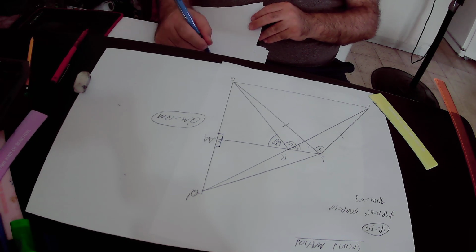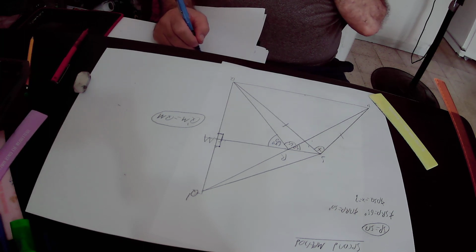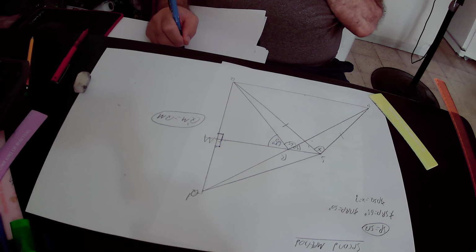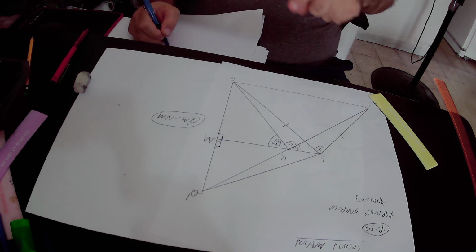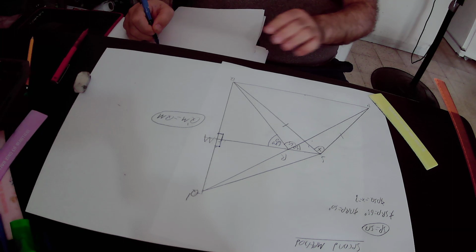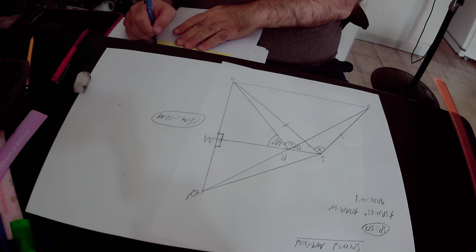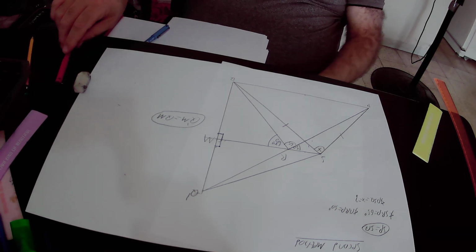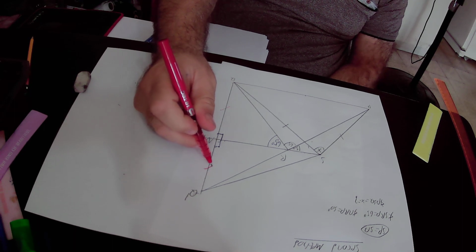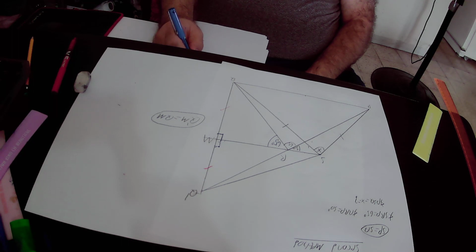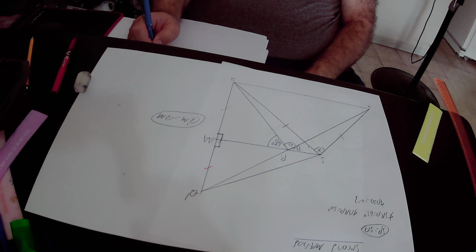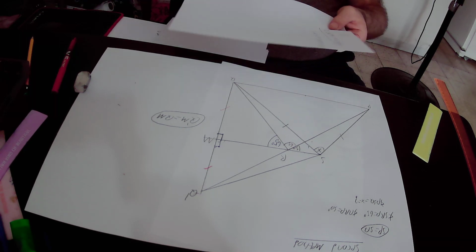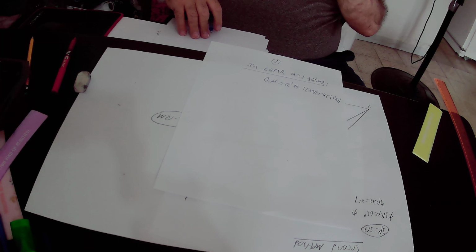Okay, so we will focus on the right triangle QMR and the right triangle Q dash MR. On those two right triangles, we know that QM equals Q dash M according to our construction.